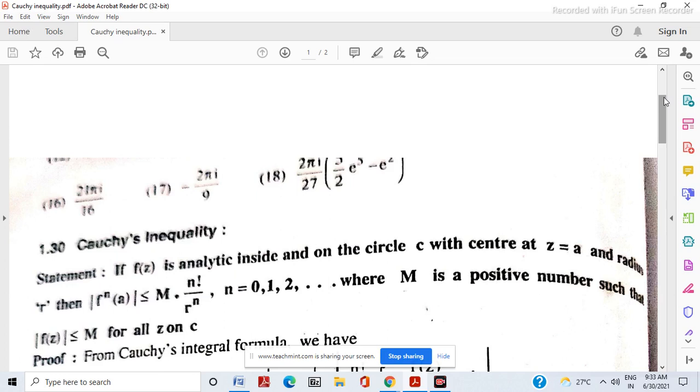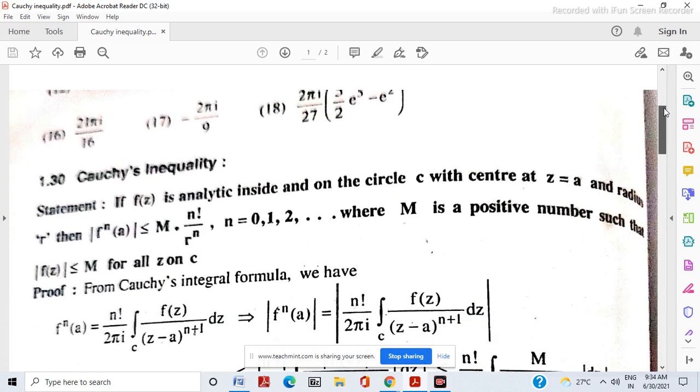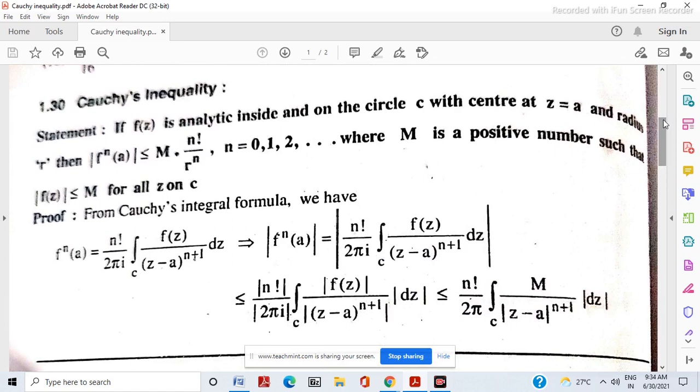Now, three more theorems are there. All these six theorems are important. At least two theorems' derivation you will get, and one theorem statement will also be asked if you study from this part.